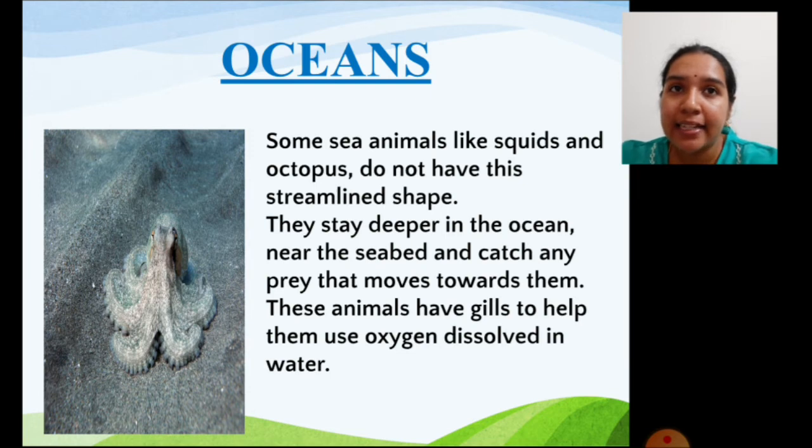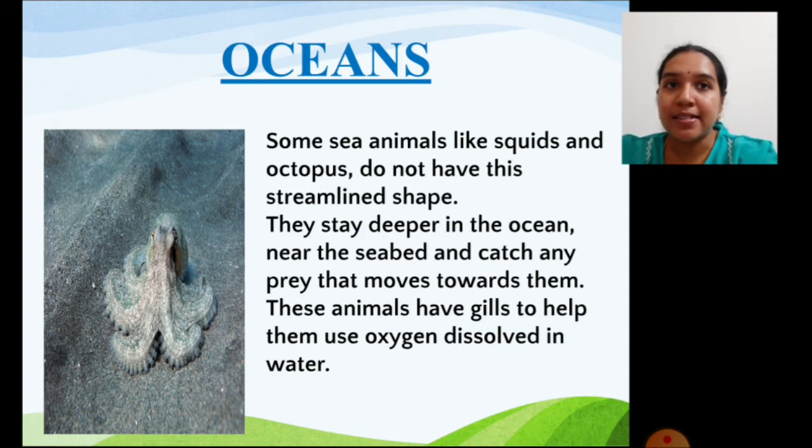They stay deep in the ocean near the seabed and they feed on smaller aquatic organisms that move towards them. However, when they move in water, they make their body shapes streamlined. So they are adapted in this way.